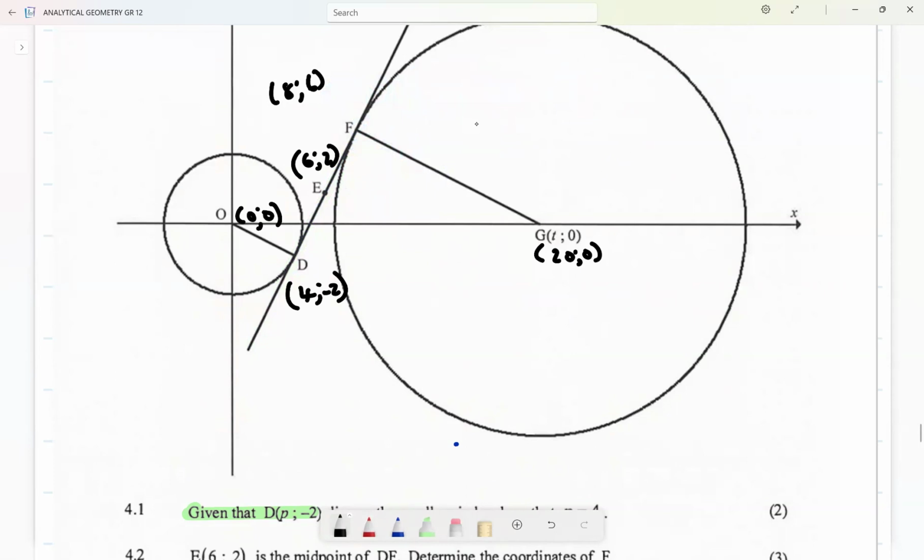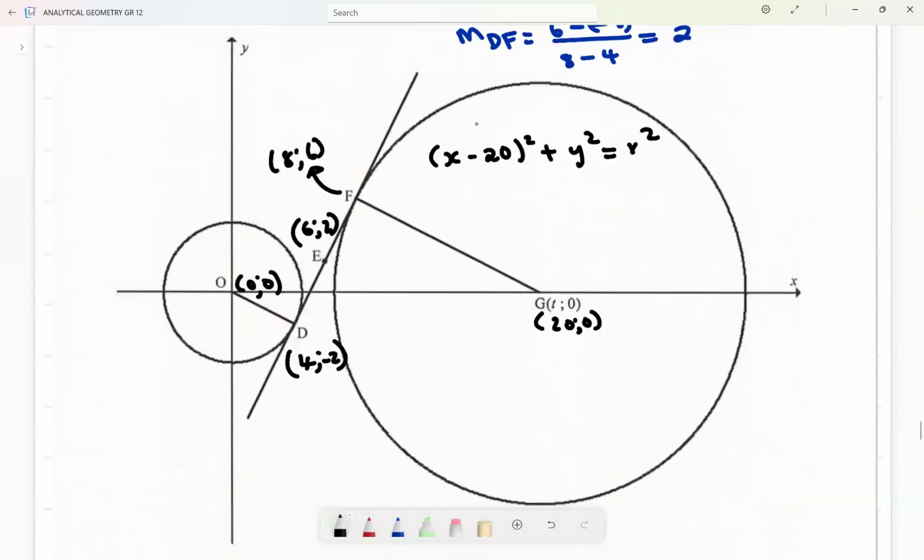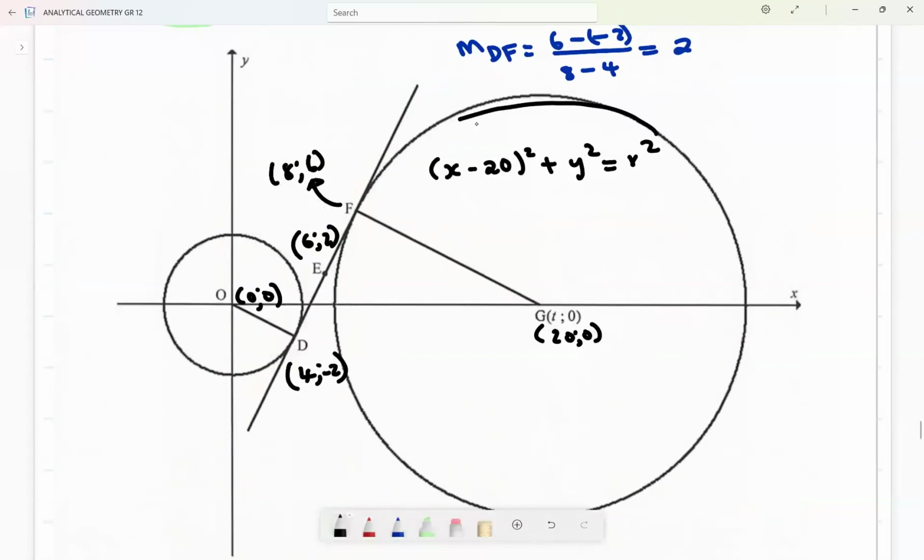I have the coordinates of the center, so it is x minus 20 squared, plus y. Do you agree that it's going to be y minus 0 squared, which is y squared? It is equal to r squared. How can I find r squared? Just take the coordinates of any point on the circumference.